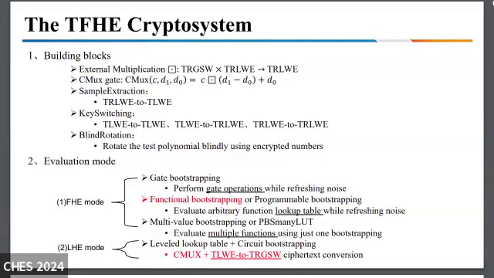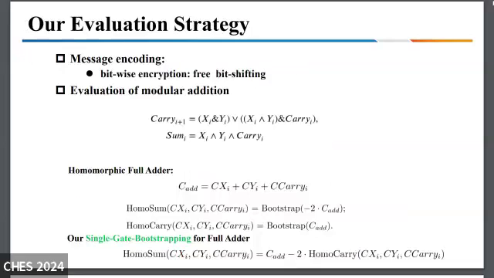The second one is the LHE mode. In LHE mode, that means we don't need bootstrapping after every gate because we use the CMux gate. CMux gate is the internal multiplication of TRGSW and TRLWE.